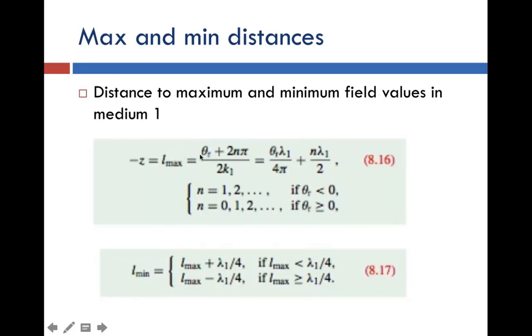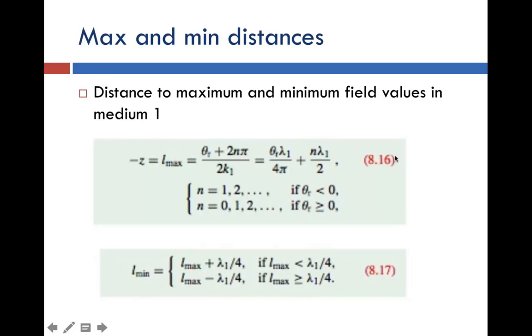That's the phase of the reflection coefficient plus 2n pi over 2k1. We will utilize that in the problem that follows.